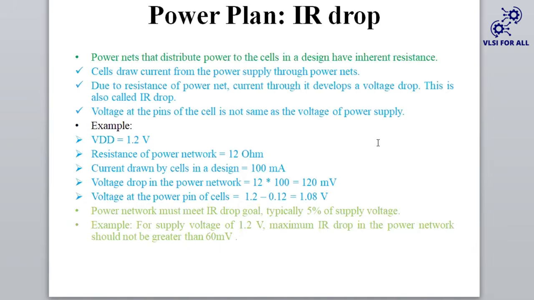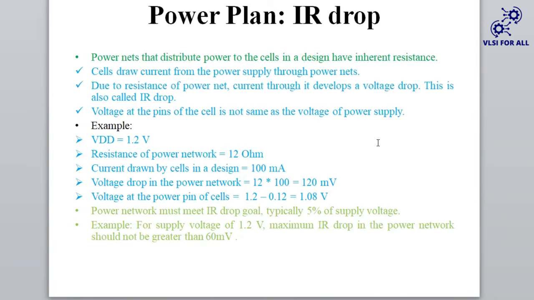Power nets that distribute power to the cells in a design have inherent resistance. Just now I said they'll have some small resistance. Next, a cell draws current from the power supply through power nets. Due to the resistance of the power net, the current through it develops a voltage drop. So this is called IR drop.